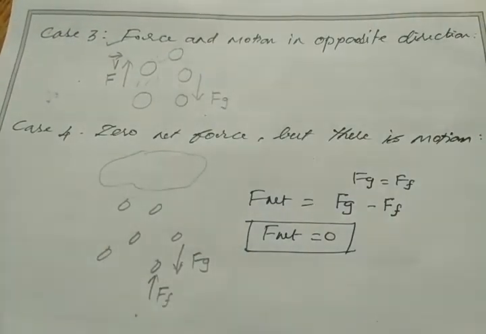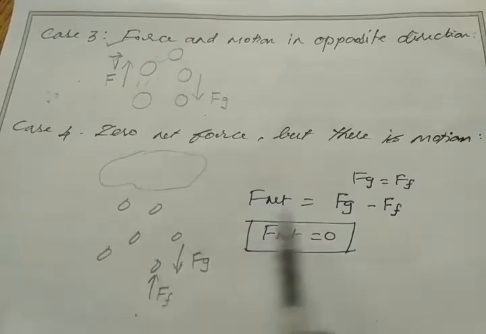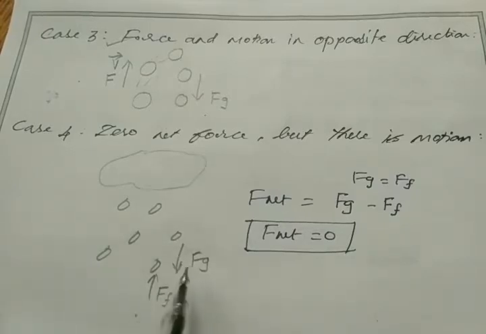It acquires constant velocity and falls on the earth. Any dust particles floating in the air experience these kinds of forces. Zero net force: gravitational force acts downwards, and frictional force acts opposite to the direction of motion, which means upwards.